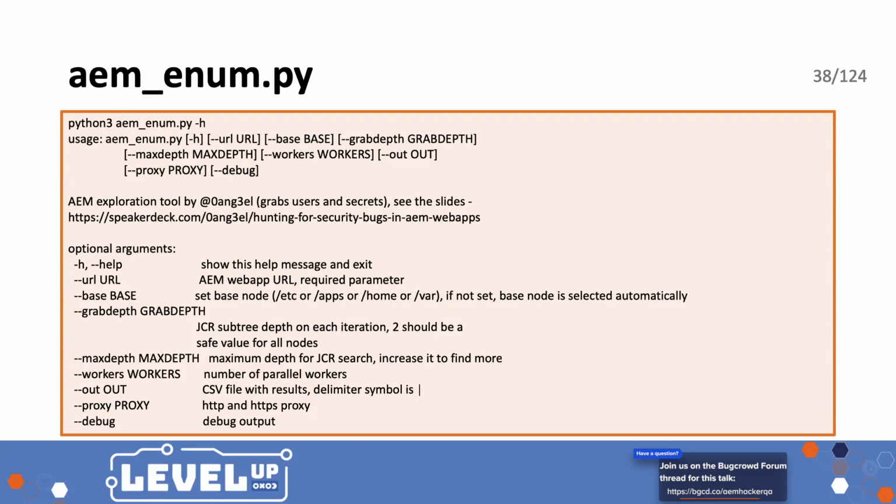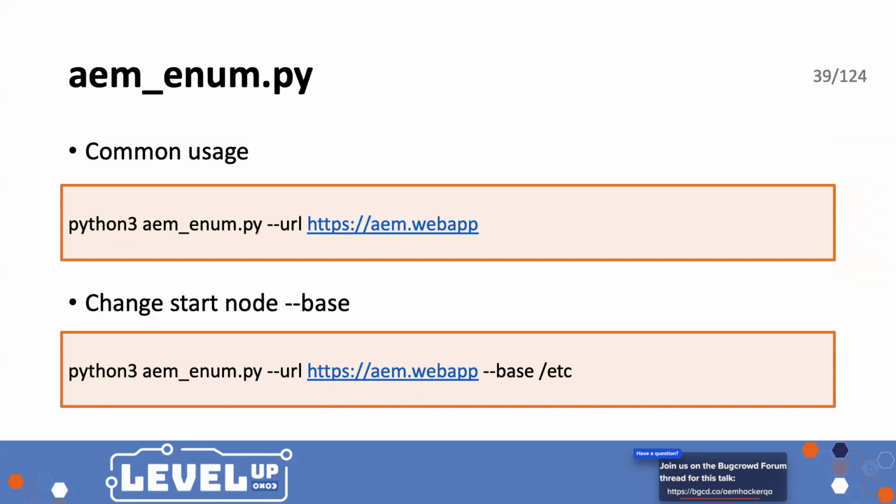By increasing this parameter, you can get more data, but it will take more time. The tool outputs results in CSV format. Here you can see commonly used command lines. The first one is good for grabbing usernames, and the second one is good for grabbing secrets.